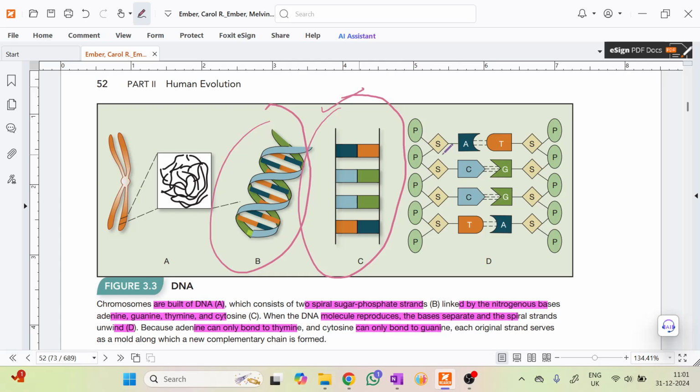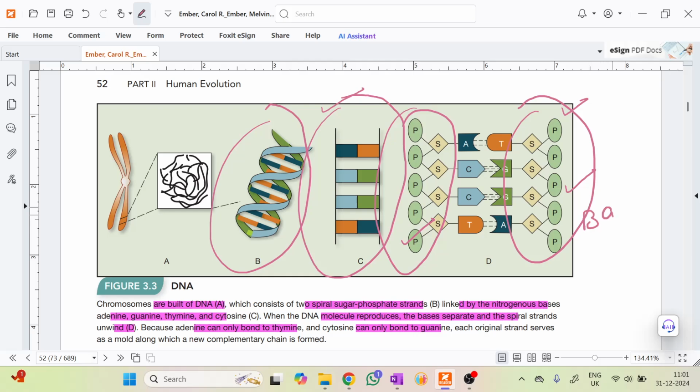This is the more unbound representation of the phosphodiester bonds, or phosphate sugar backbone, and these are the bases.